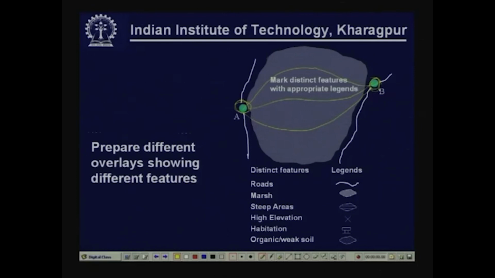So, what we are trying to say is, from all these maps we try to identify distinct features, for example, roads, marsh areas, steep areas, high elevation, habitation, organic or weak soils. That means positions or features which are generally unsuitable for taking the roads.